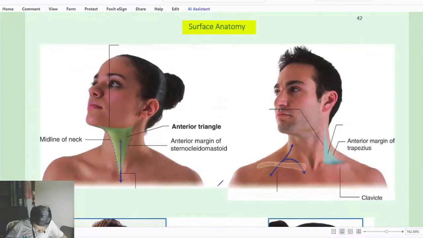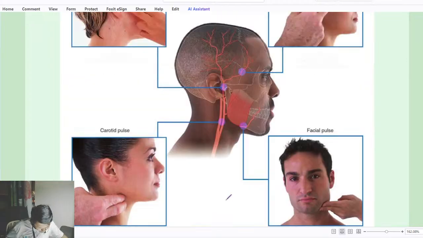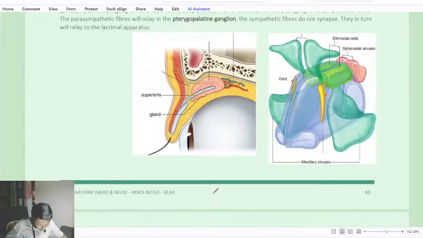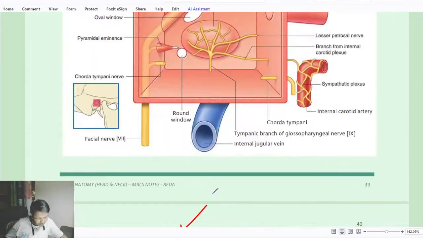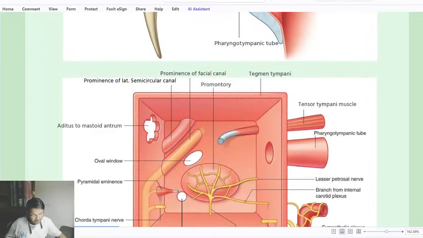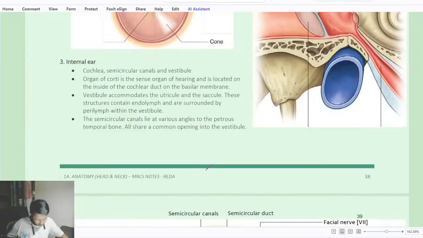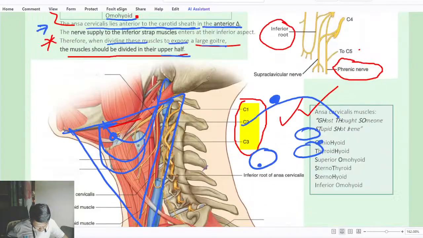This is all. So this is all about head and neck.